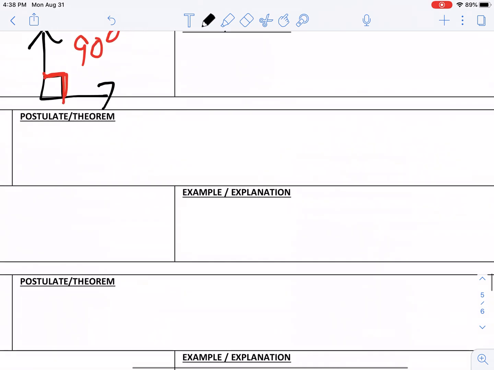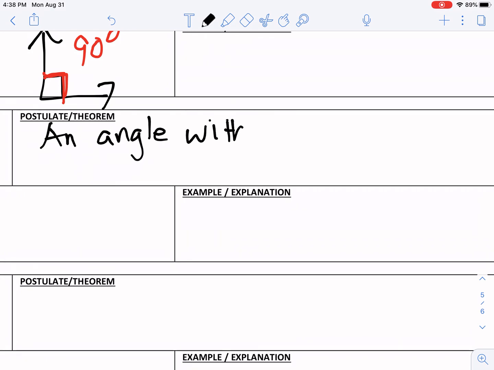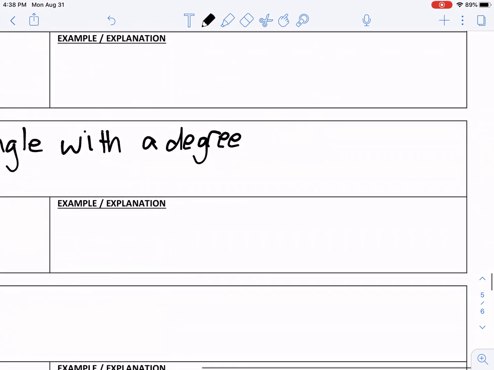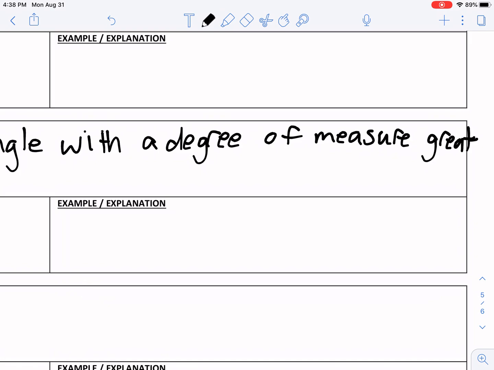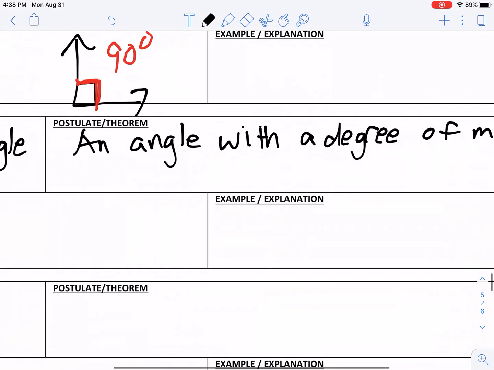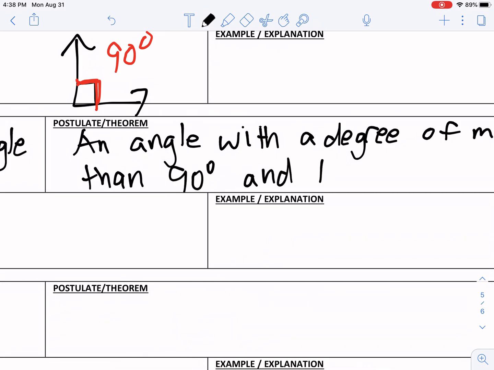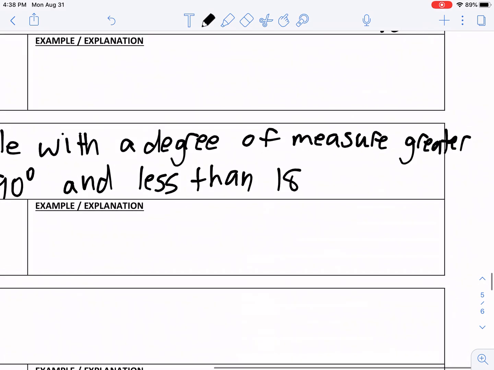Okay, an obtuse angle is an angle with a degree of measure greater than 90 degrees, so bigger than 90 degrees, and less than 180 degrees.